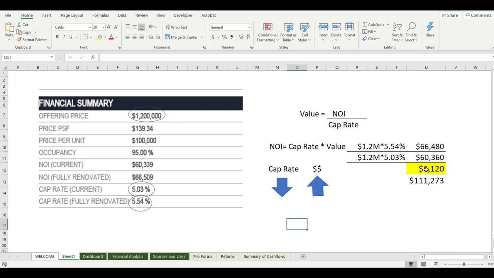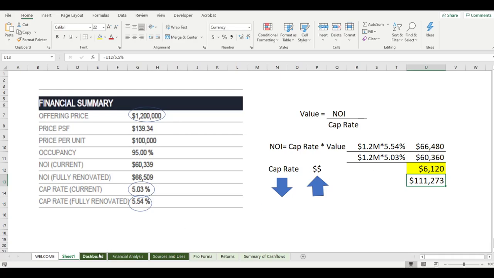That difference of $6,000 may not seem like a lot, but if we divide that $6,120 by, let's say, the market cap rate in this market is reasonably 5.5%, all of a sudden we come up with an economic value of $111,000. That means you're potentially overpaying for this property by up to $111,000 if you were comfortable buying at a 5.5. It's called a true cap rate.